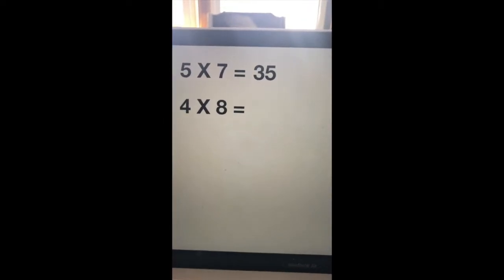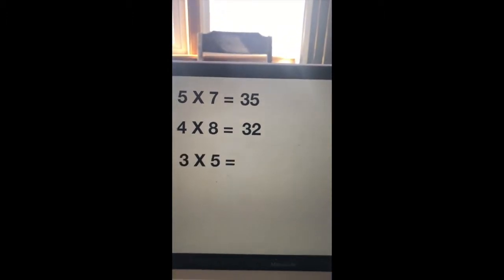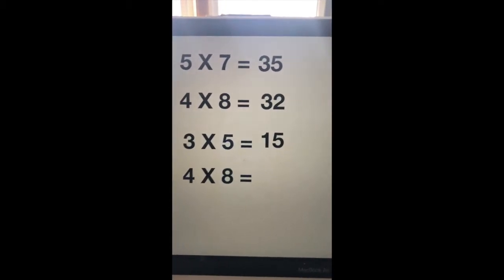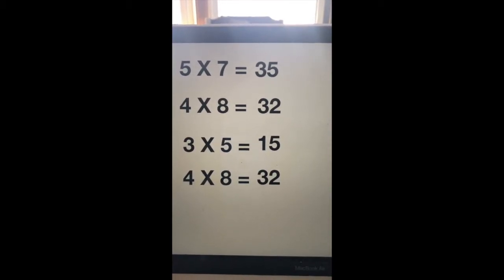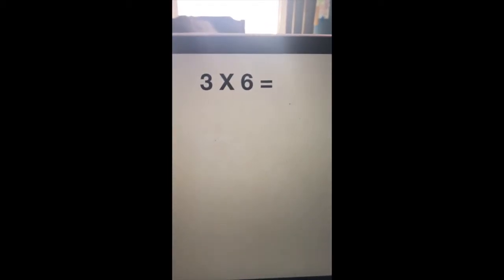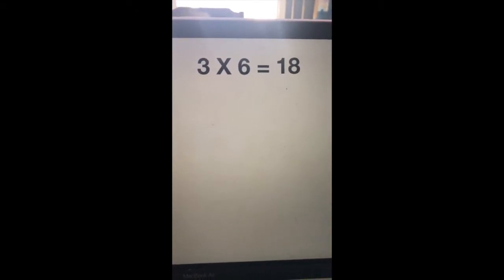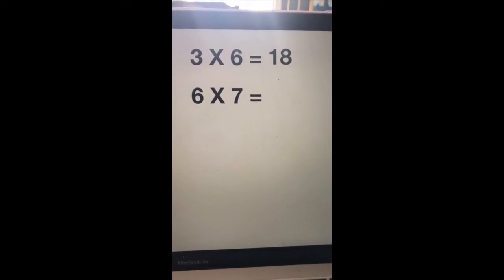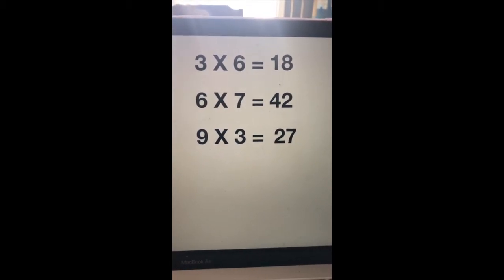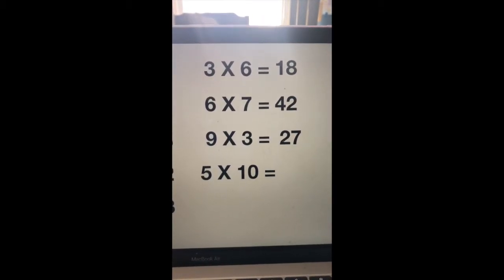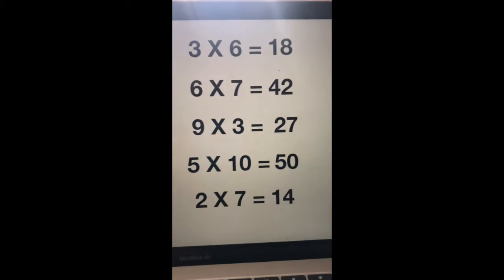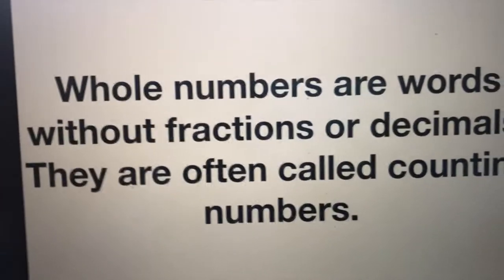Next is 4 times 8, which is 32. 3 times 5, 15. 4 times 8, again, 32. 6 times 8, 48. 3 times 6, 18. 6 times 7, 42. 9 times 3, 27. 5 times 10, 50. Last one, 2 times 7, 14.